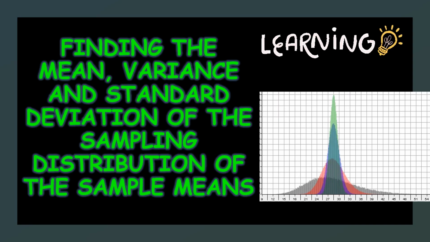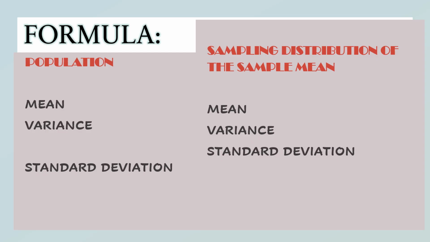So before we present the formulas involving mean, variance, and standard deviation of the sampling distribution of the sample means, let me remind you that I will give a Google form to answer an activity, and I will forward it in our GC. So I have presented the formulas last Tuesday.